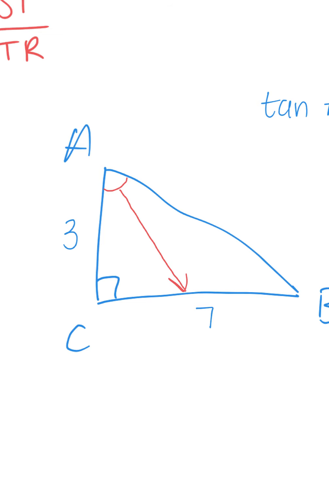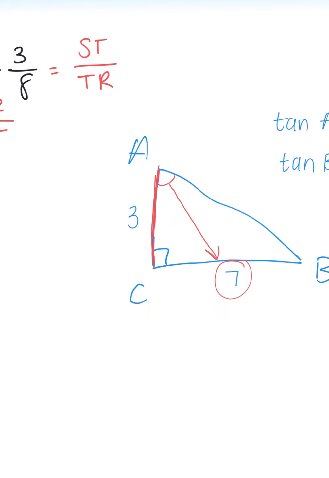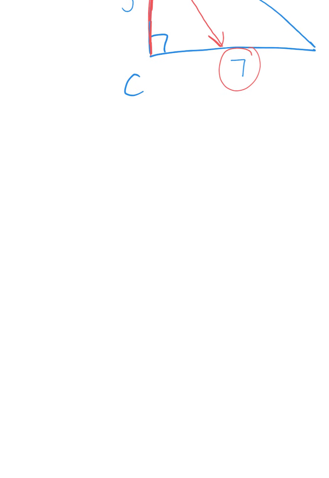Why? So the 7 goes on the top. Good. It's the adjacent side. So the 3 goes on the bottom because it's adjacent. Adjacent means next to, right? That 3 is next to the angle that we're looking at. So then the tangent of B equals 3 over 7. Okay? One more example, and then you guys will prove to me that we are good to go.